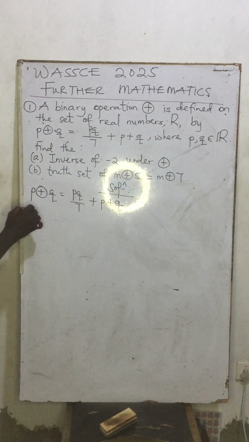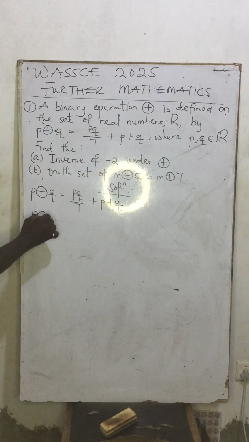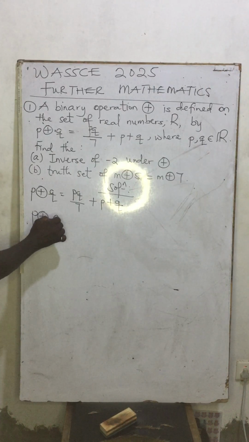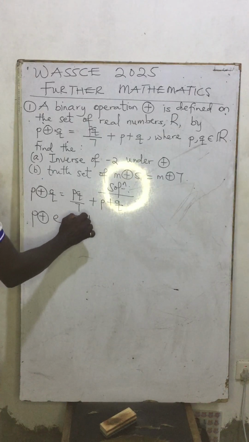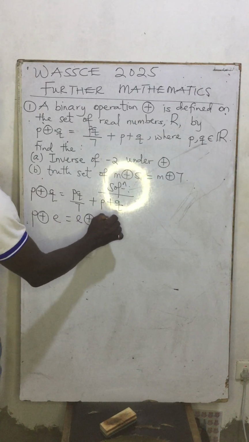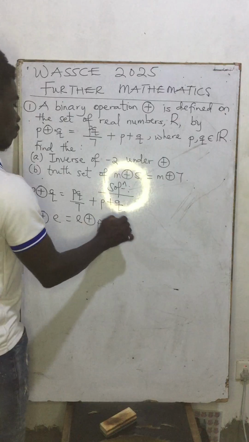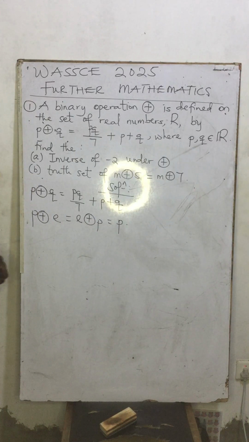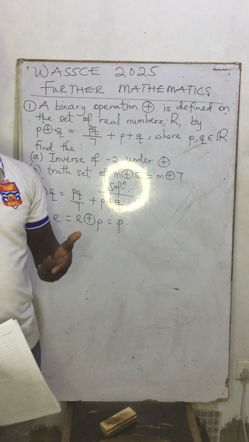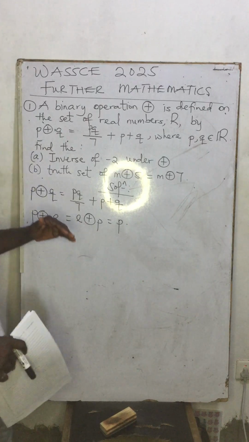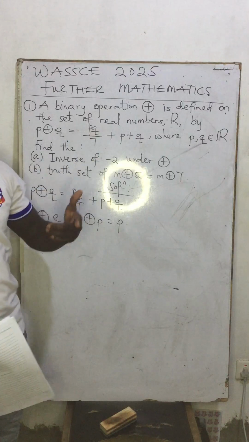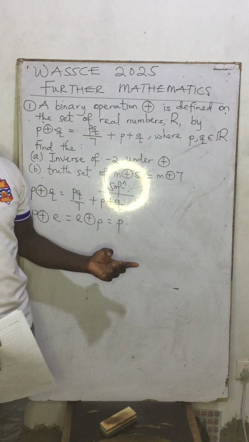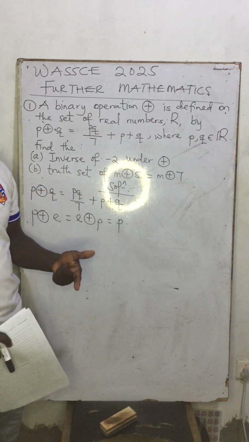So our neutral element, we can write P operation E equals E operation P, which is equal to P.